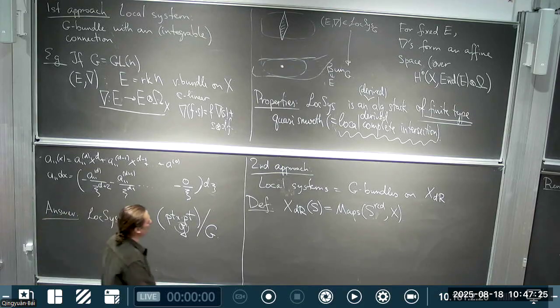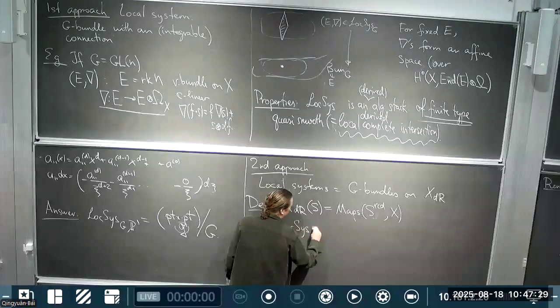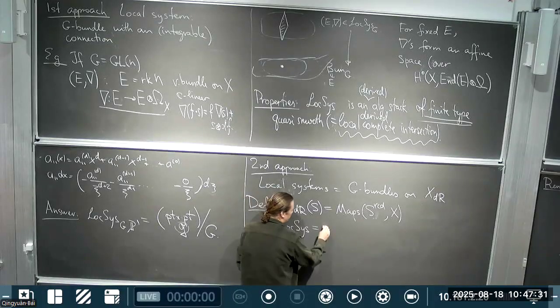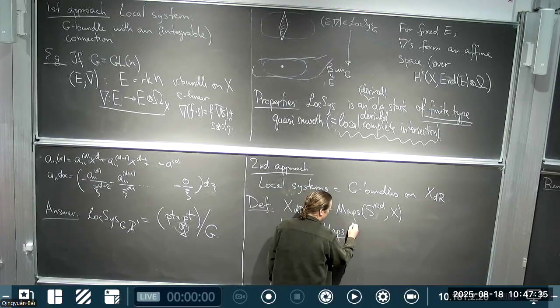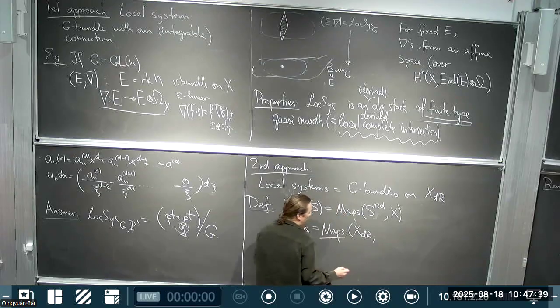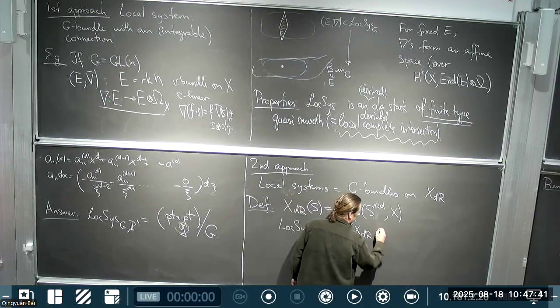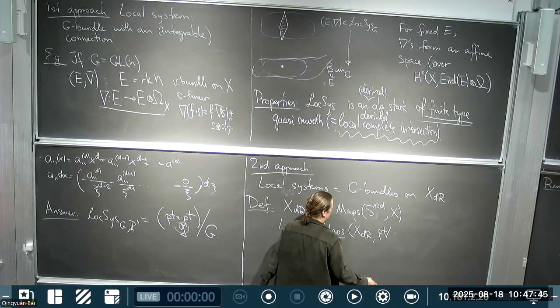And the stack of local systems is going to be defined similarly to the stack of G-bundles, but with this sub-index that sort of changes everything.